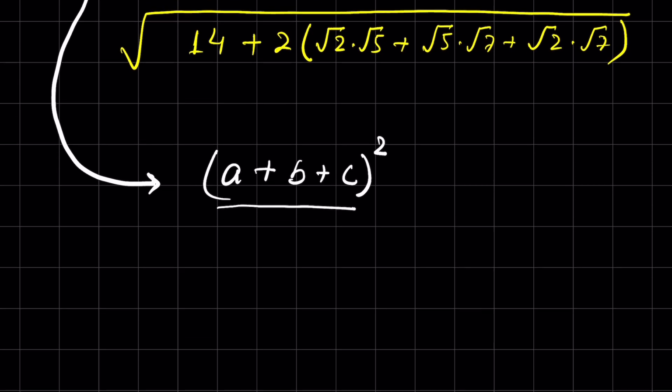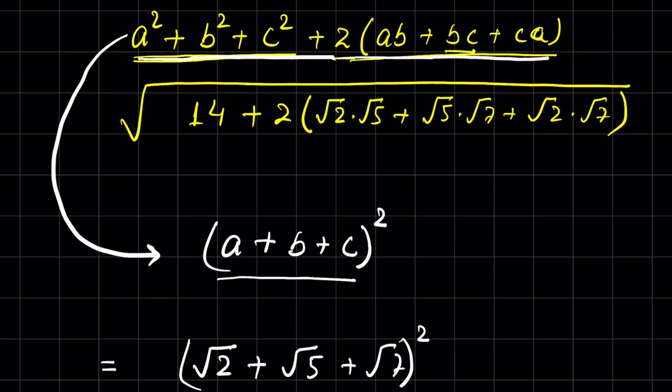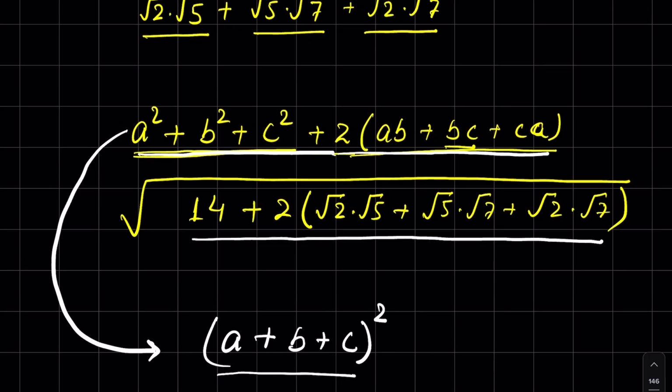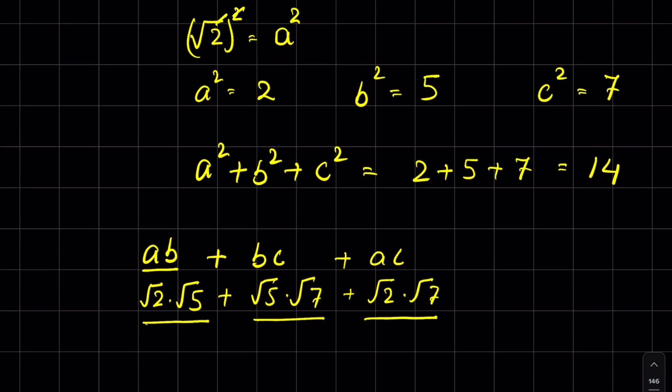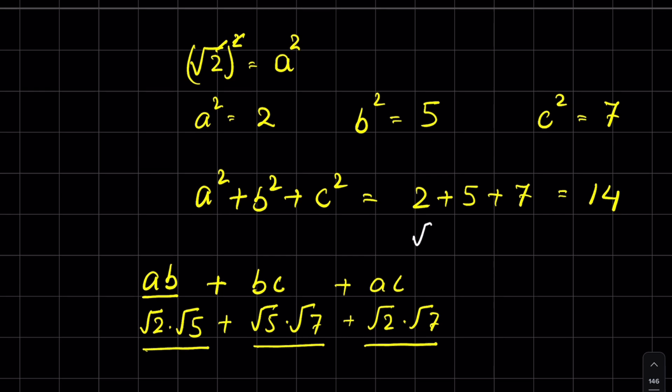That means we can write square root of 2 plus square root of 5 plus square root of 7 whole square for this expression, because 14 can be expanded as square root of 2 square plus square root of 5 square plus square root of 7 square.